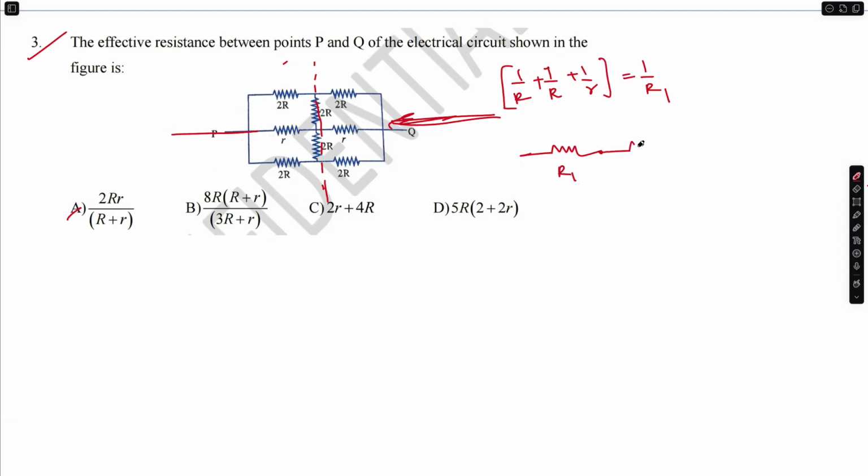Likewise, you have another R1. So your answer, in this case, R1 is capital R, small r by 2 capital R plus small r. Likewise, you have two such things. So A is the correct answer for this.